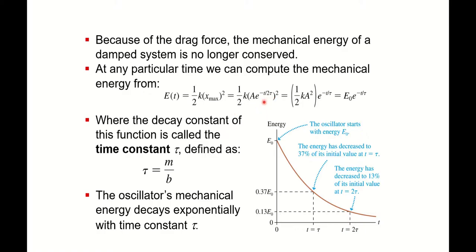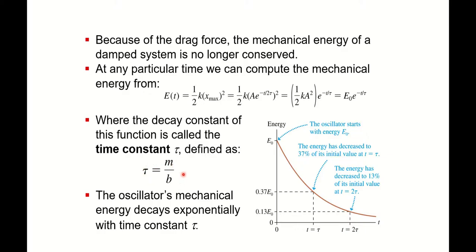When we include the squaring and go through all this algebra, we can write the energy as a function of time as some initial energy in our system, e to the negative t over tau, where tau is the time constant. It is essentially how long it takes for the energy in the system to decay to about 37% of its initial value.